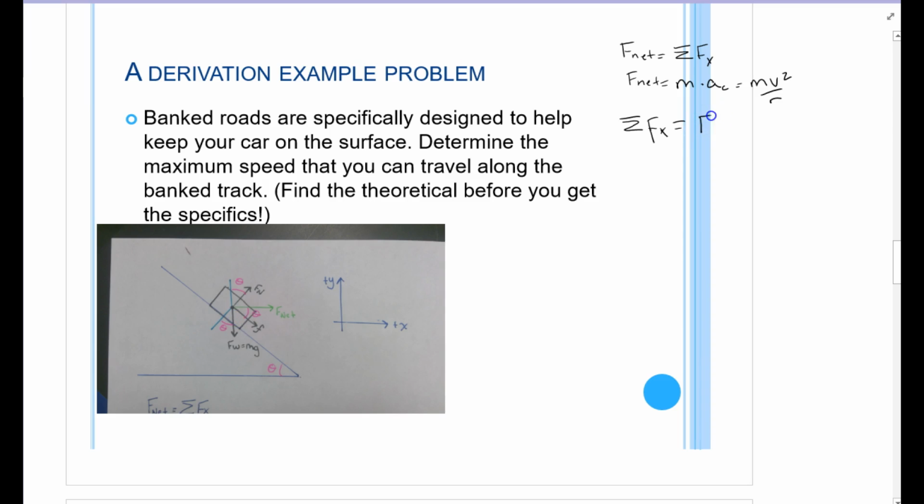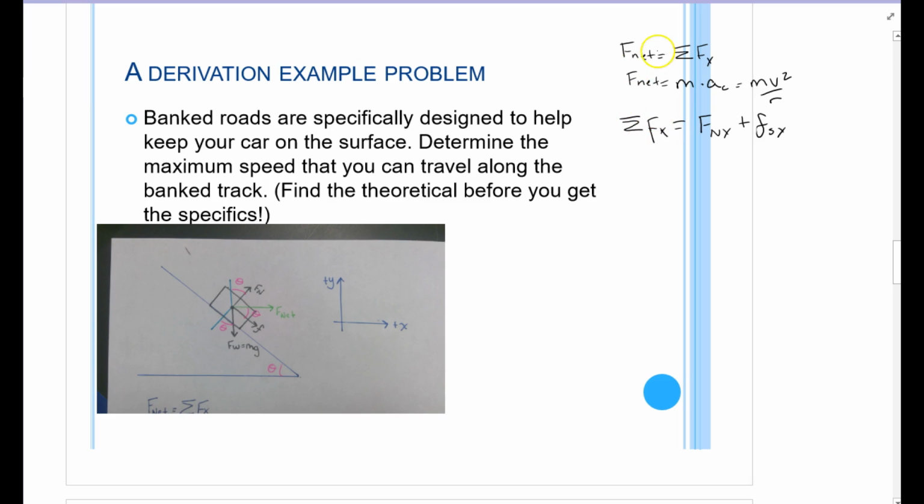So it's my normal force in the X plus my friction. Now, it is important to note what kind of friction we are dealing with here. It is going to be our static friction because we don't want our car to slide. We want it to stick. And that's how much of that is in the X direction.